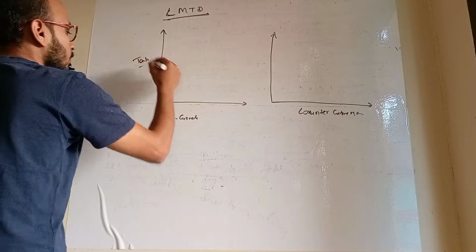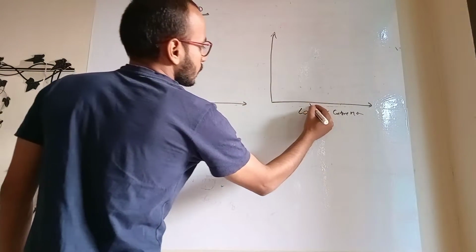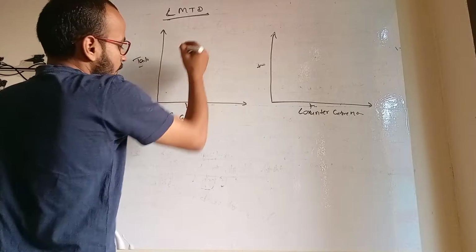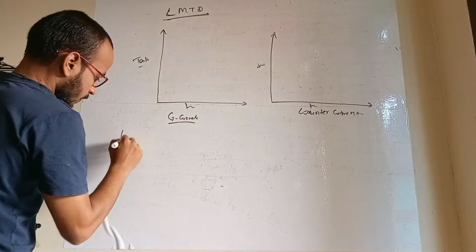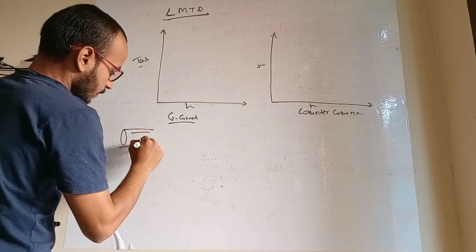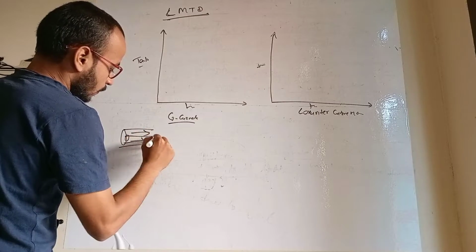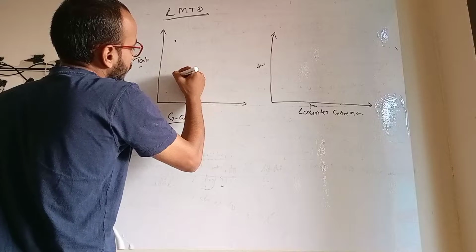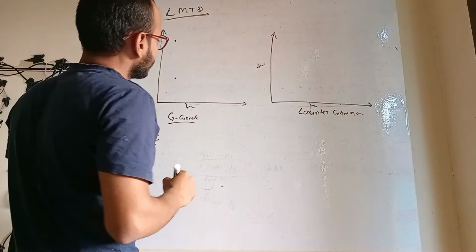The X-axis represents the temperature, this one is the time, and this one is also temperature. At the initial stage, in co-current, both hot and cold fluid flow in the same direction, so somewhere the temperature is like this.